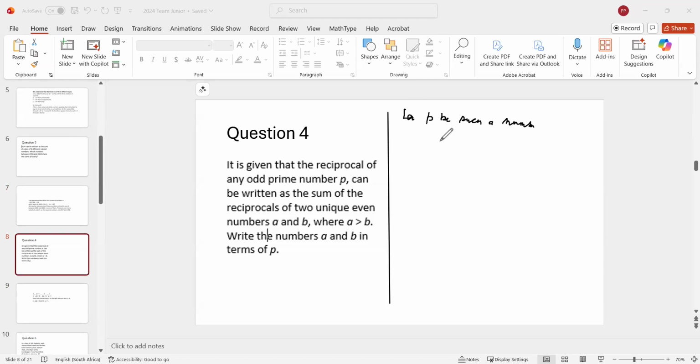The reciprocal of any odd prime number, that's 1 over P, can be written as a sum of the reciprocals of 2 unique numbers. There's no other way in which you can write 1 over P as where A is greater than B.